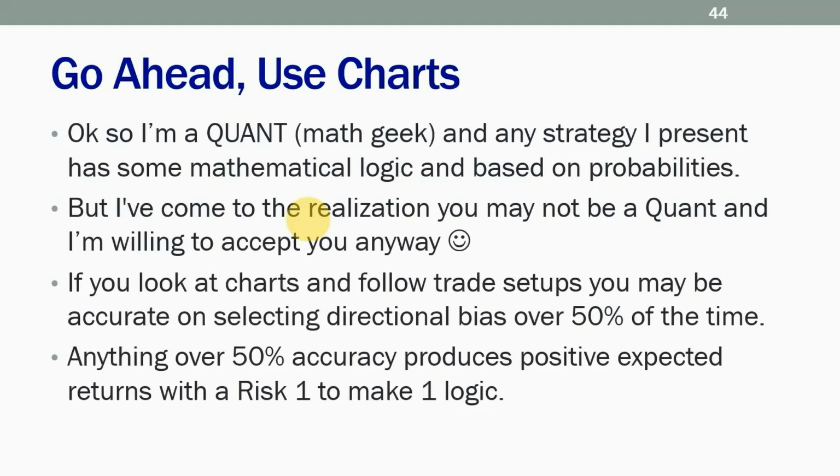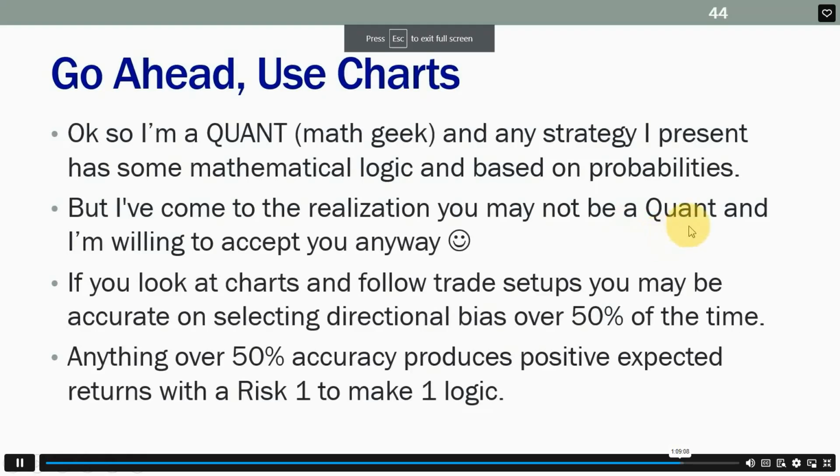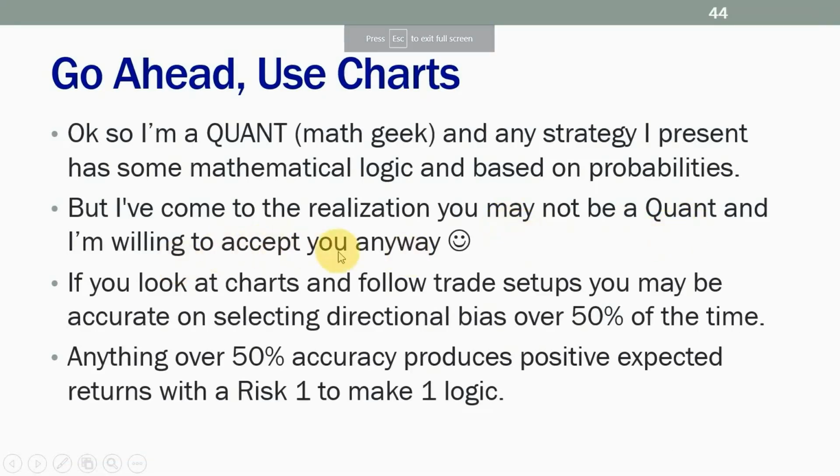Not everybody looks at numbers and says, oh, that makes sense to me. I grew up around quantitative traders before that was even a term. They didn't call themselves quants. They called themselves arbitrageurs. They were involved in stuff that people didn't even know was around in the 1980s. I'm a quant. You might be a chart geek. I'm willing to accept you.